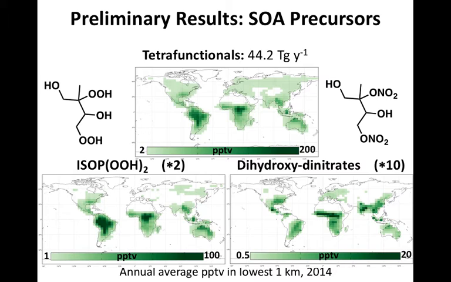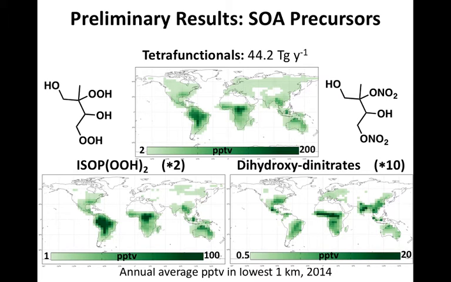When we do, we think we see a whole lot of them actually forming: these dihydroxy dihydroperoxides, ISOPOOH, I didn't make that up, and the dihydroxy dinitrates, which are still, like Paul mentioned, very uncertain exactly how much of these form. But it turns out they're probably going to be important because we think a lot of them potentially get made on the order of 50 teragrams a year, which could contribute a lot of aerosol formation from isoprene.